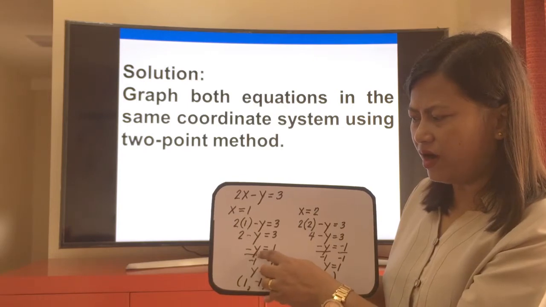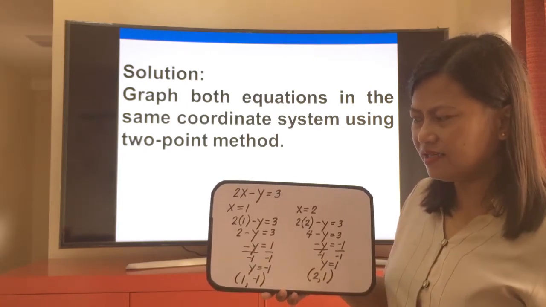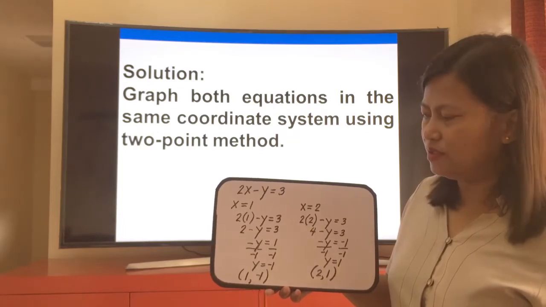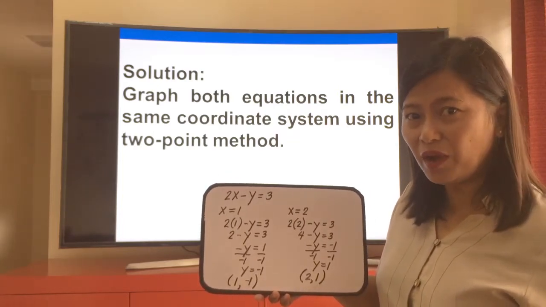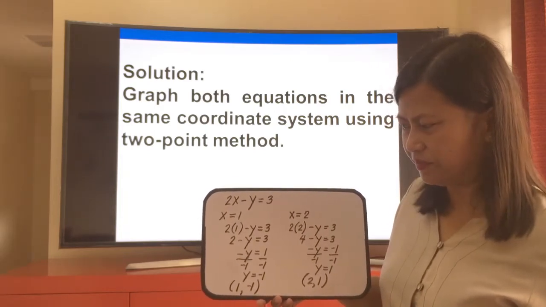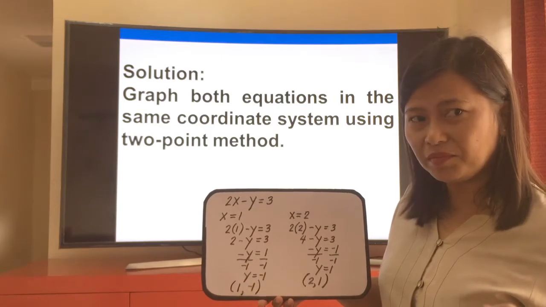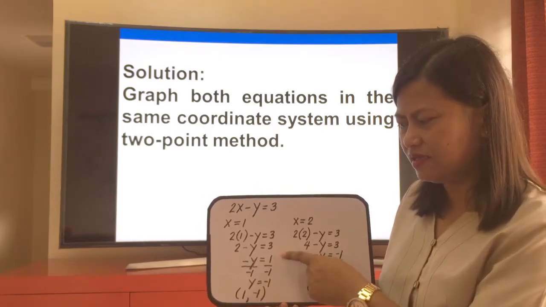So negative y is equal to what? So we add negative 2 to both sides of the equation. We apply the addition property of equality. So 3 plus negative 2 is 1.